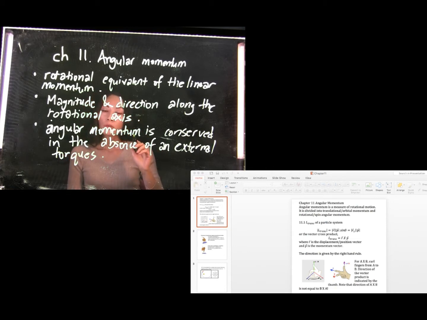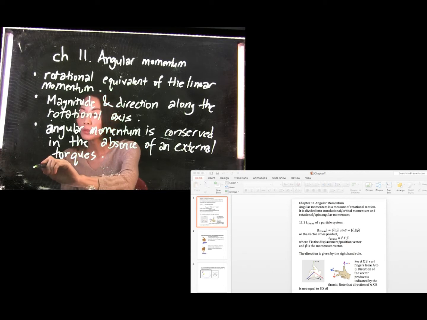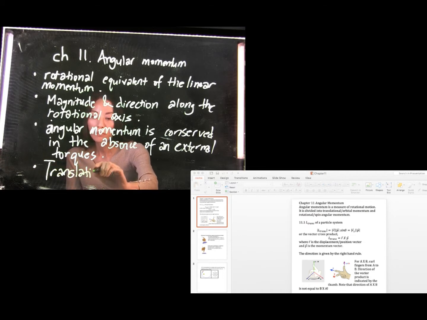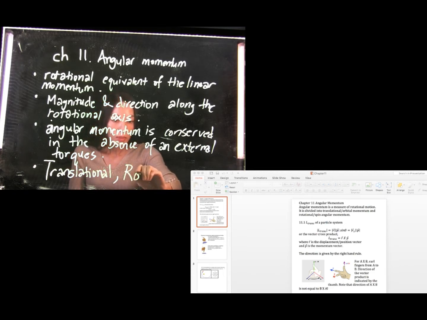And we're going to describe angular momentum in two ways. There is translational angular momentum and rotational angular momentum.